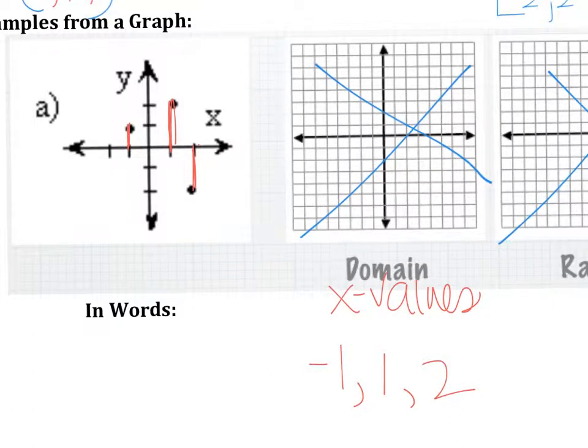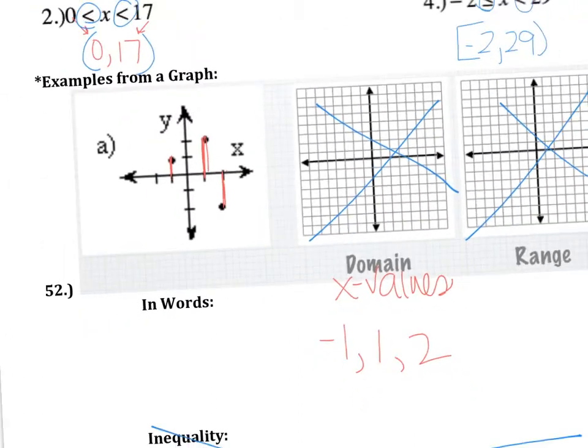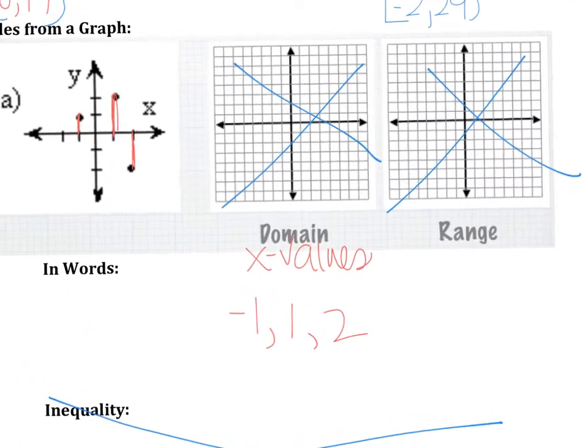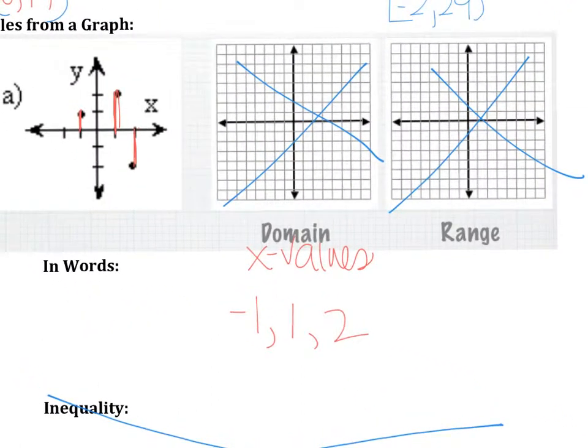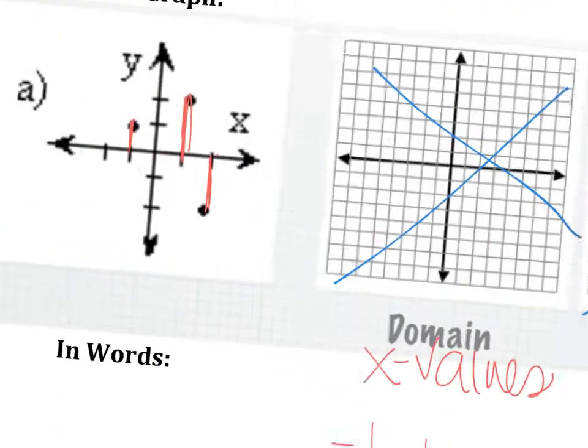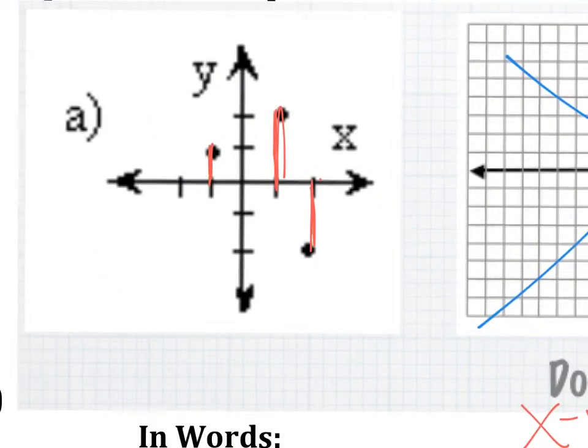And that's it. For the range, those are the y values. Let's make a note here, the y values. And we are going to go from the bottom of the graph to the top of the graph. Okay, so I'm going to use a different color. So from the bottom to the top, we're looking to see what's our first y value, which is going to be a -2.